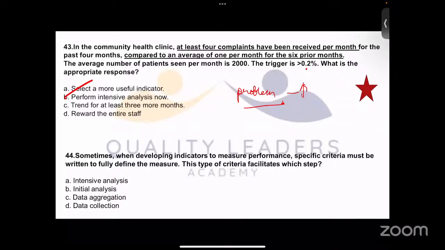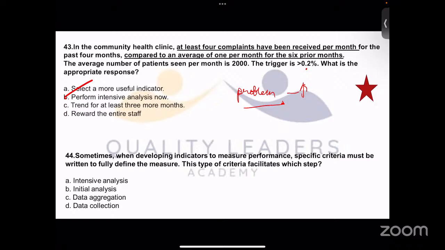Number 44. Sometimes when developing indicators to measure performance, a specific criteria must be written to fully define the measure. This type of criteria facilitates which step? A, intensive analysis, B, initial analysis, C, data aggregation, D, data collection. So before you collect any data, you must define the criteria first related to that data to ensure a good data collection.